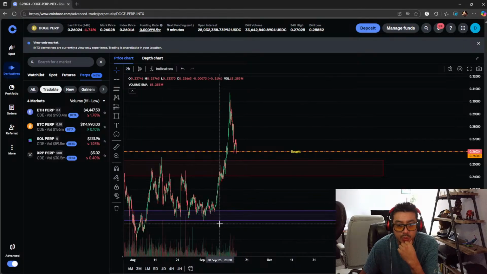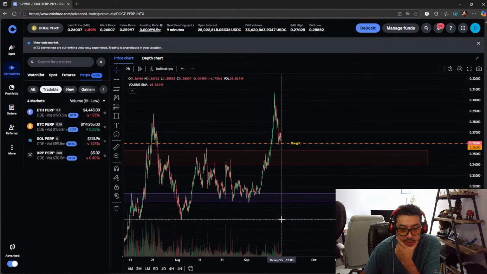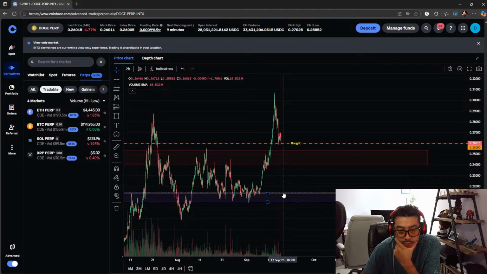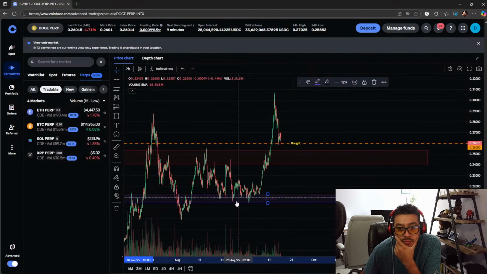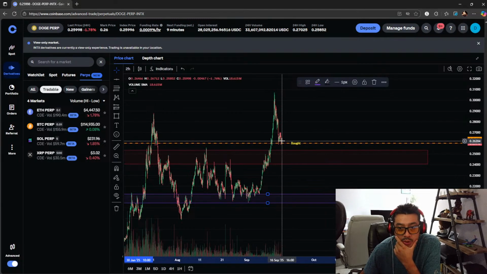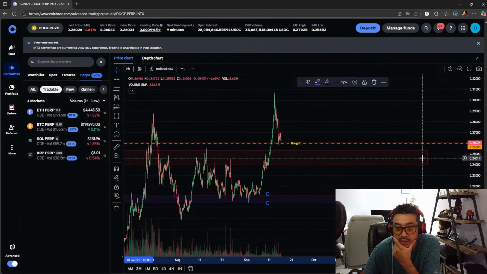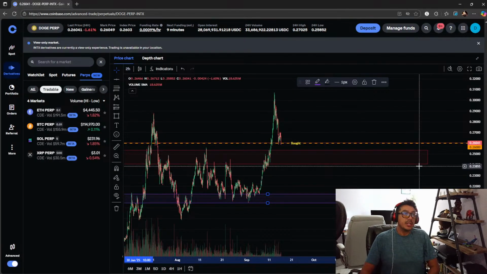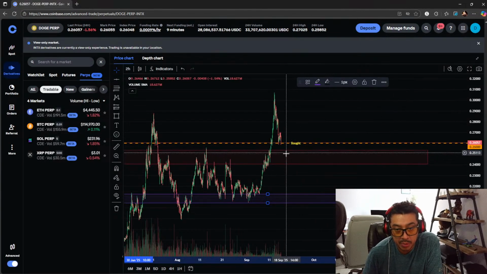But usually this is where I like to buy, anywhere where I show strong resistance. Really good resistance right here. Or support. They call this the support. Look at that. Nice. So now we're going to come back down. We're going to test this little red box, the resistance that usually becomes the support if it bounces back up.